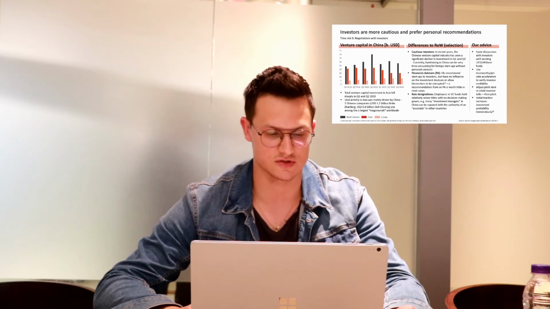So Asia is strongly driven by China, and China went down, and Asia went down in terms of VC. And even more so in Q1 2020, because it's still a very young industry, the whole VC industry in China. The dip is pretty significant.